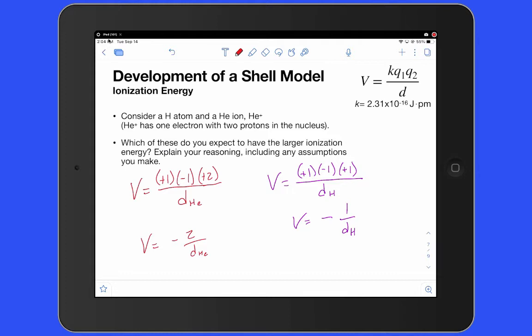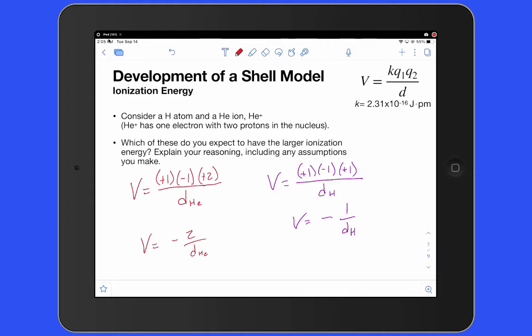But what are we assuming here? The distance. What are we assuming the distances are? They're approximately equal.